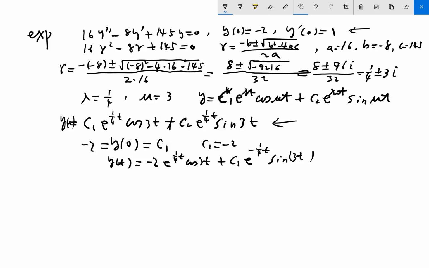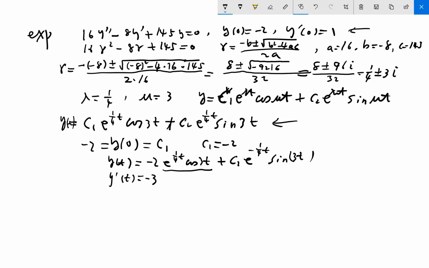In order to find C2, we need to take a derivative of this, because we're going to use y prime of 0 equal to 1. Now you have two functions multiplied together, so when you take a derivative, you have to use the product rule.